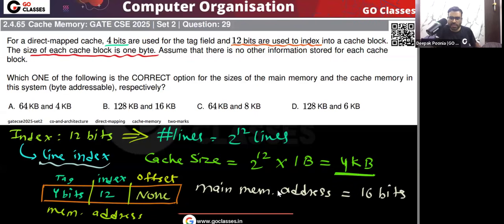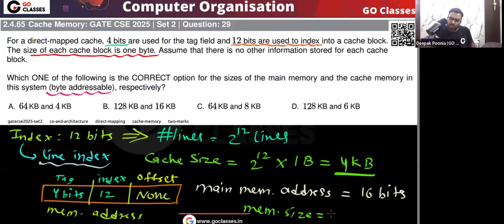By default the main memory is byte addressable, and that is given in the question, which means on every address there is a byte. So for address we need 16 bits, and on every address there is a byte. So what is the memory size?